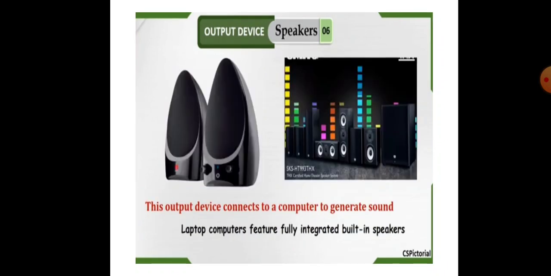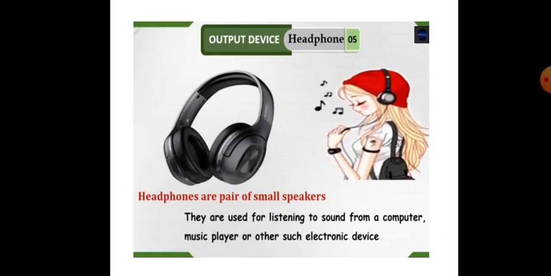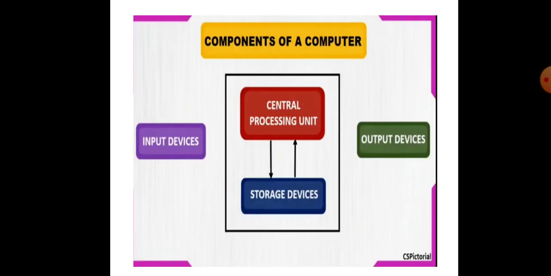Okay. Speakers, output devices, they give the sound. Headphones, they are a pair of small speakers. So we have already learned input devices, processing unit of the computer, and output devices.